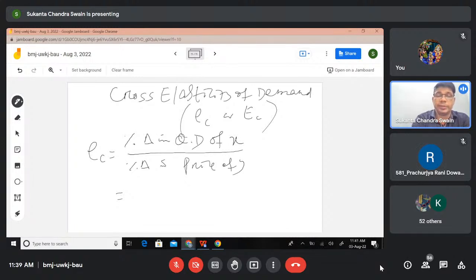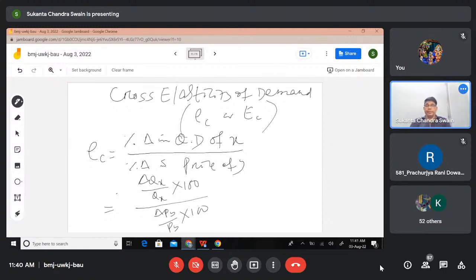So it will be now del QX by QX. I am putting subscript X just to indicate that this is for commodity X. Into 100 by del PY by PY into 100. Because we have taken commodity X demand, this is in the numerator. But it may change also. You may say percentage change in quantity demanded of Y by percentage change in price of X. Then it will be changed.